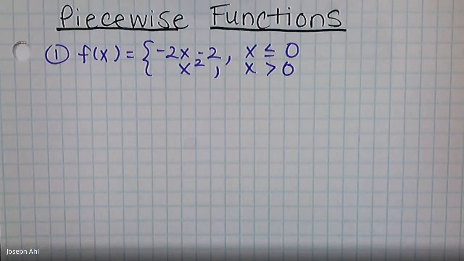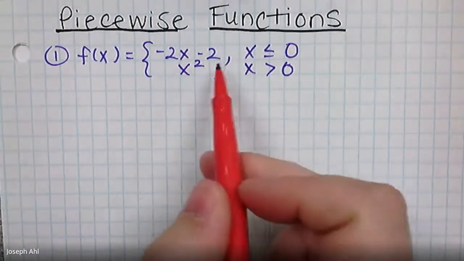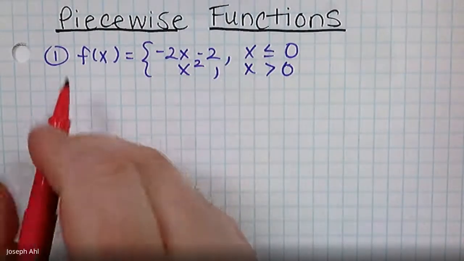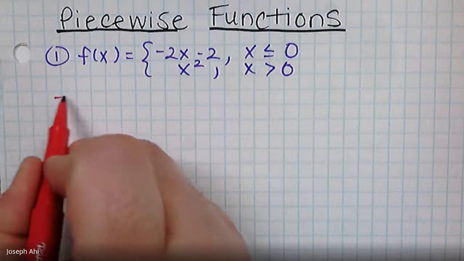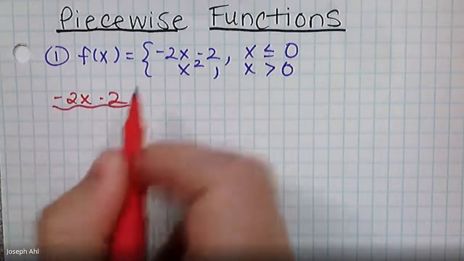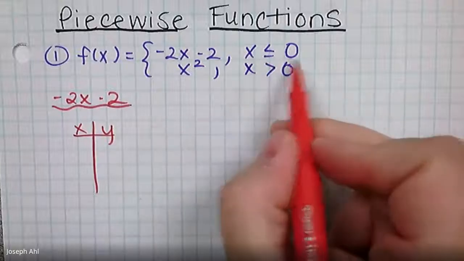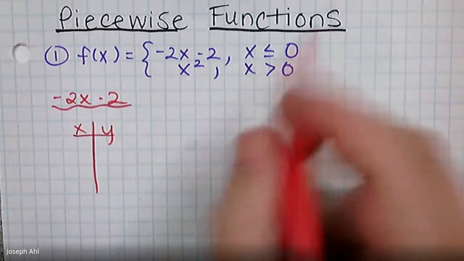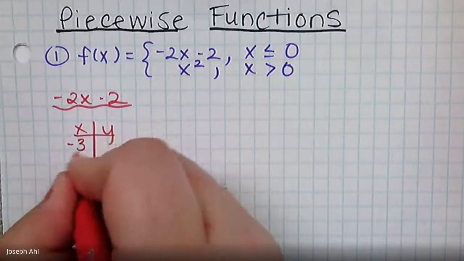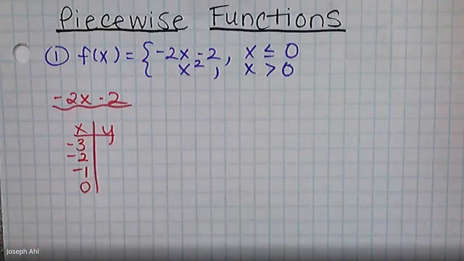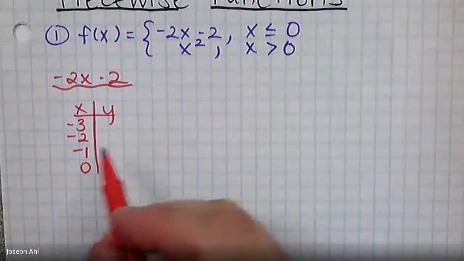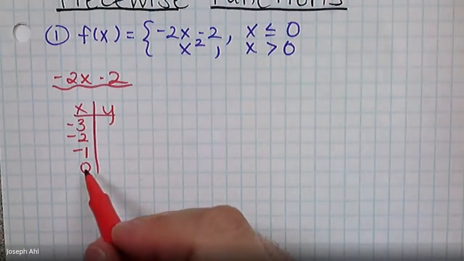So to get started right away with number 1 here, we want to make sure that for the function negative 2x minus 2, so let's start with that part, when I make a table of values, I'm picking values of x that are in fact less than or equal to 0. So maybe I'll backtrack to like negative 3 and pick some values of x that get close and stop at 0, okay?